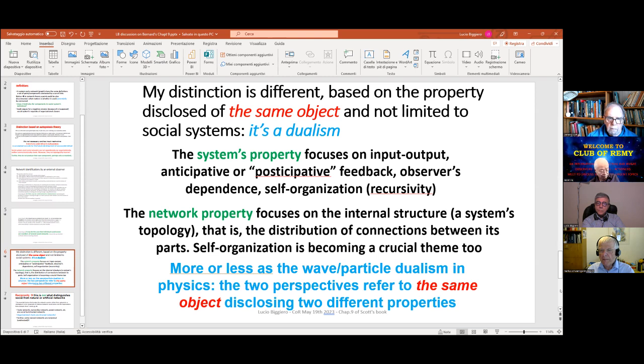Around the same time, you got the term used by Ilya Prigogine, where he talks about self-organization in the context of chemical and physical systems, where stabilities emerge at far from equilibrium places.